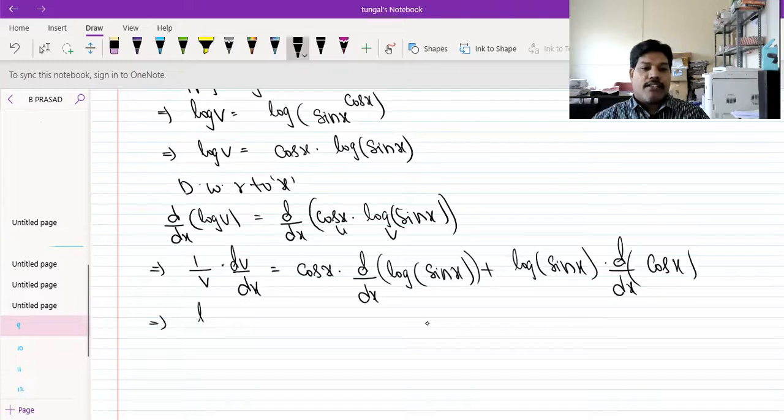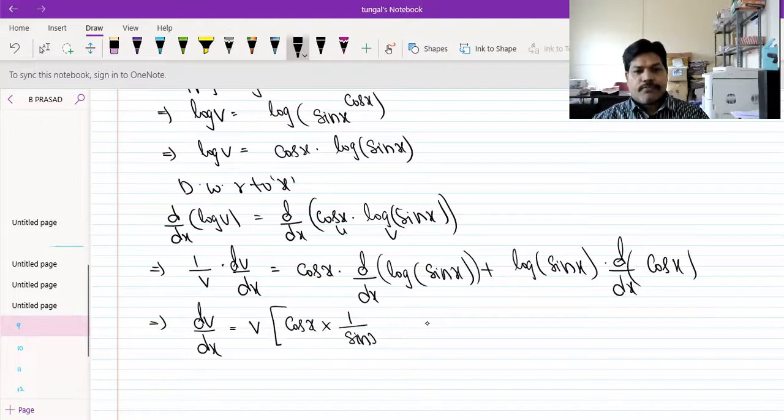You can write dv by dx is equal to, take this v to the other side, it will become v into cos x into the derivative of log of sin x, which is 1 by sin x into the derivative of sin x. Why?